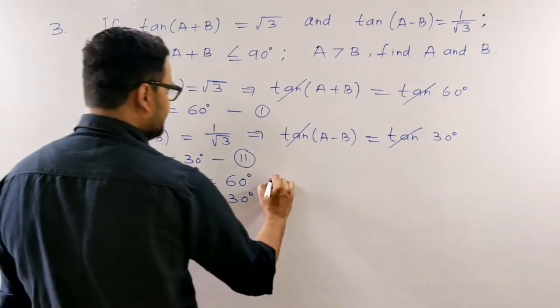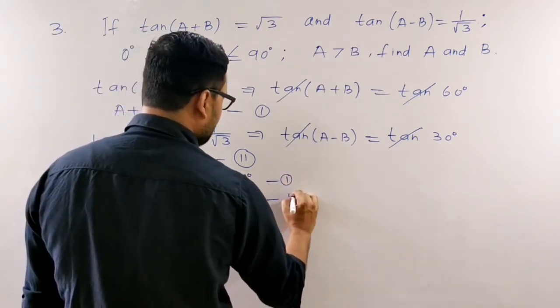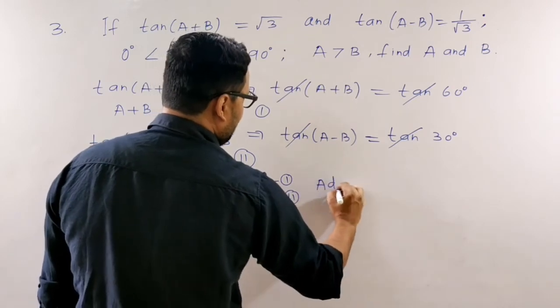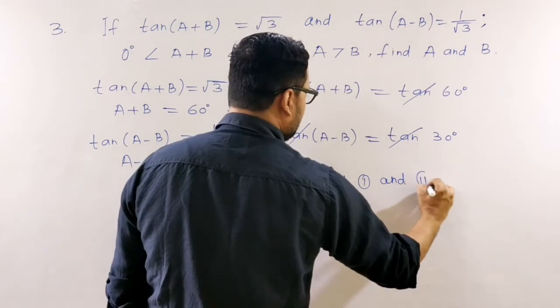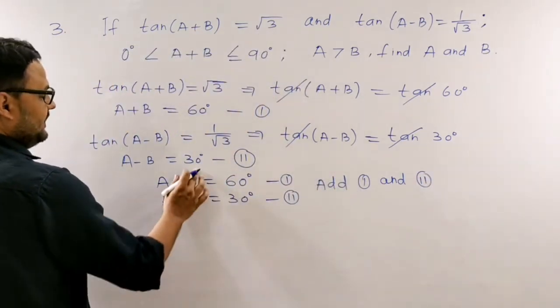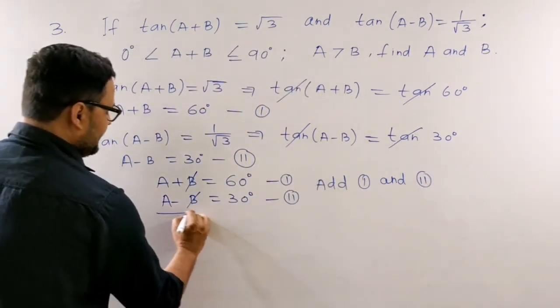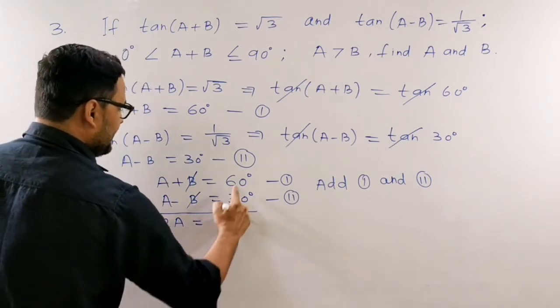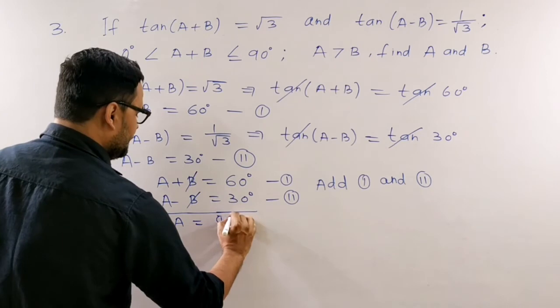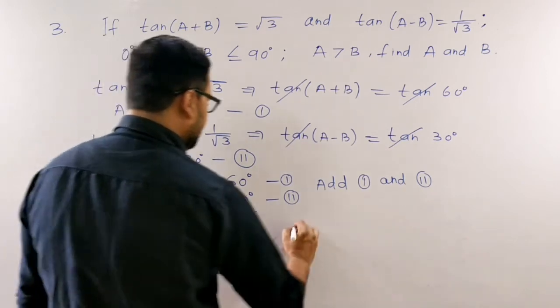Now what can I do? I can add equations 1 and 2. Simply, if I add, plus B minus B got cancelled. A plus A is 2A, and 60 plus 30, I got 2A equals 90.